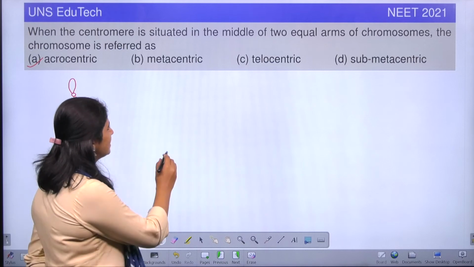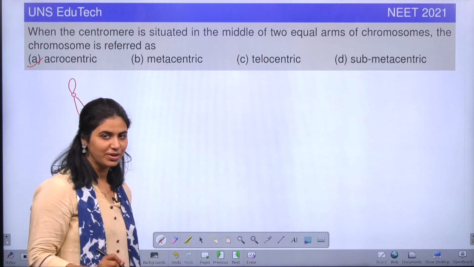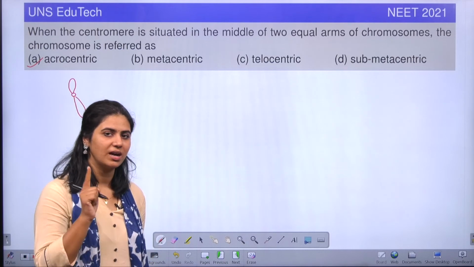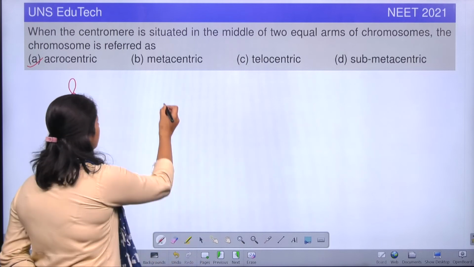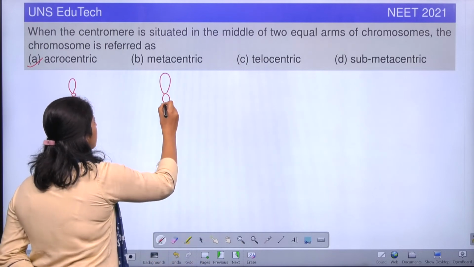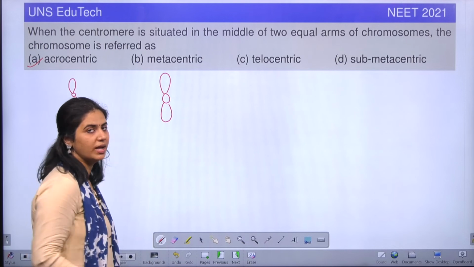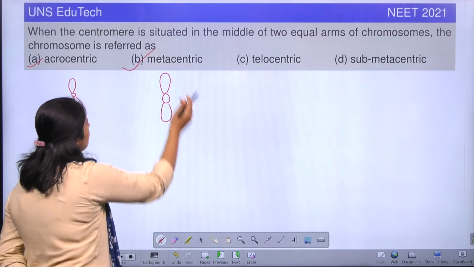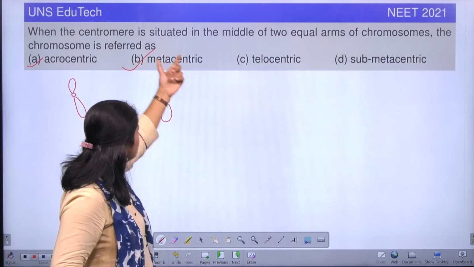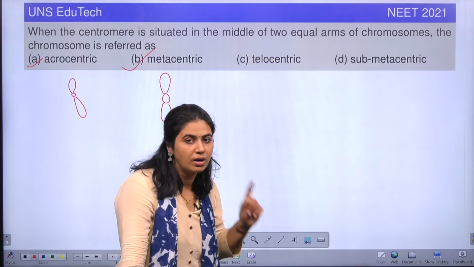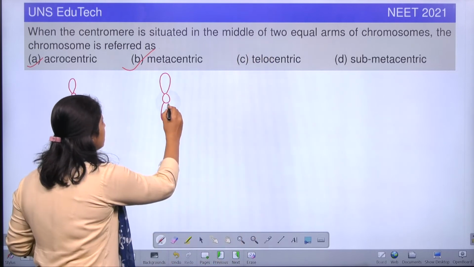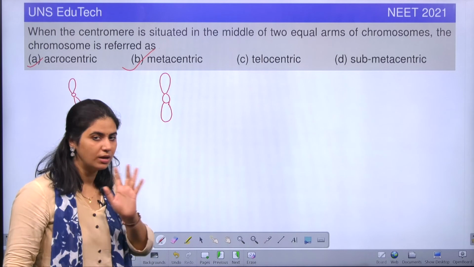What is metacentric? Metacentric means the centromere is exactly at the center, in which both the arms will be almost equal, and we got our answer. When the centromere is situated in the middle of the two arms, it's called metacentric because it's present at the exact middle of the chromosome.